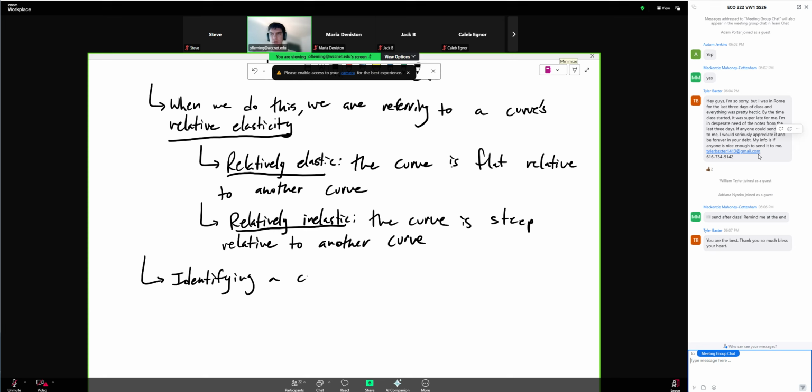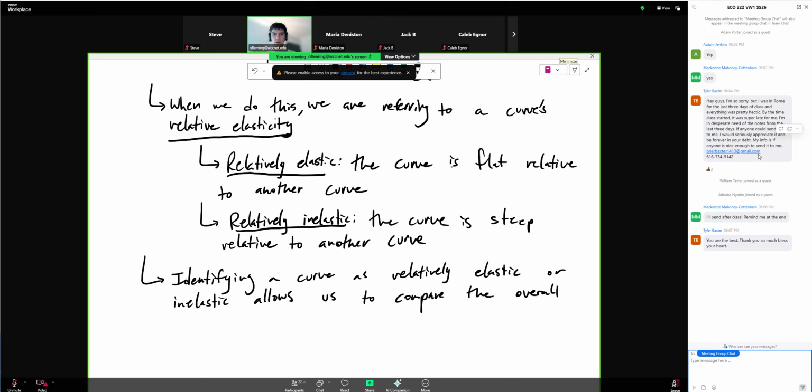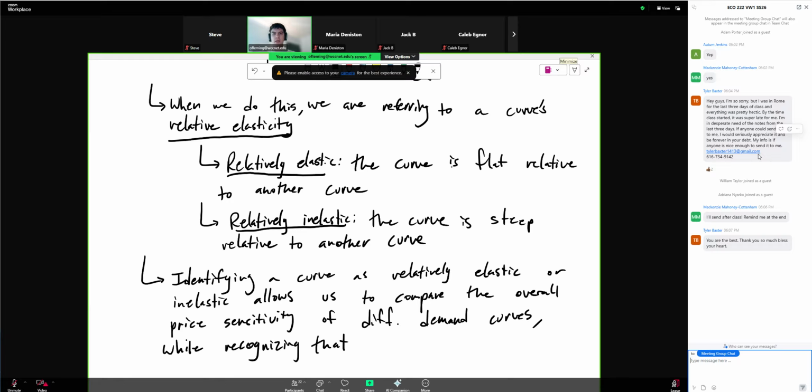So identifying a curve as relatively elastic or inelastic allows us to compare the overall price sensitivity of different demand curves while recognizing that every linear demand curve has elastic and inelastic segments.